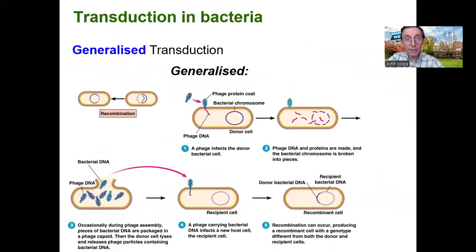Now, in bacteria, transduction happens. In human cells, transduction probably does happen all the time in our nose cells, where when we get an infection in our nose, every once in a while, the virus will infect you with somebody else's DNA.